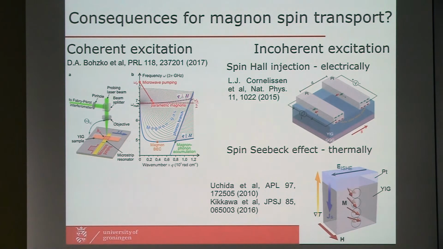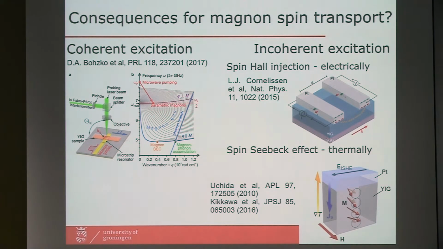Of course, you can also drive the system thermally via the spin Seebeck effect. Then you have a platinum-YIG bilayer system. You apply a temperature gradient normal to the plane of the film with an in-plane magnetic field.